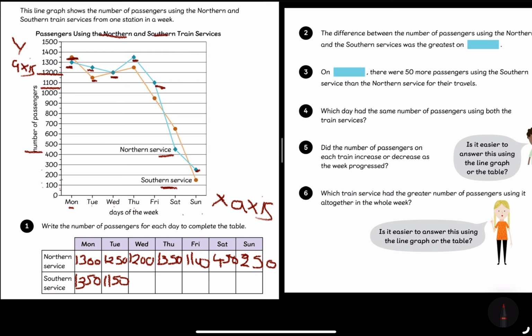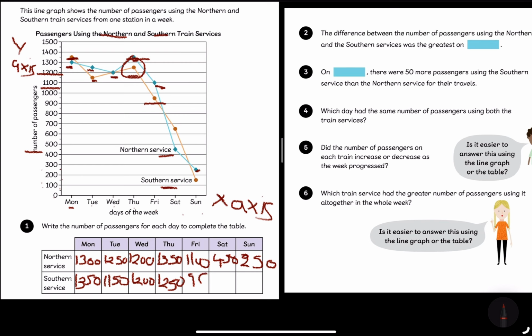On Wednesday, my golden mark is merging with the blue northern service mark, therefore it is going to be the same, that is 1200. On Thursday, it's between 1200 and 1300, therefore Thursday is going to be 1250 for southern service. On Friday, the golden mark is between 900 and 1000, so I will have 950.